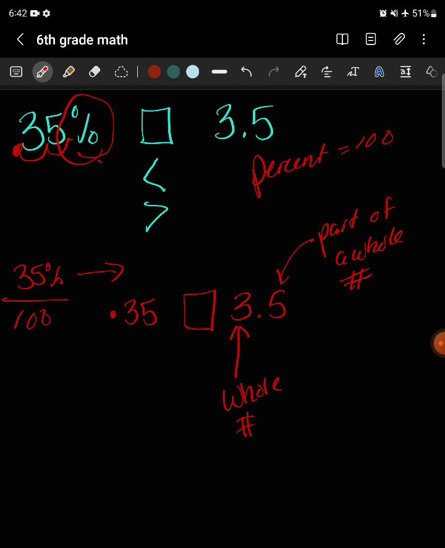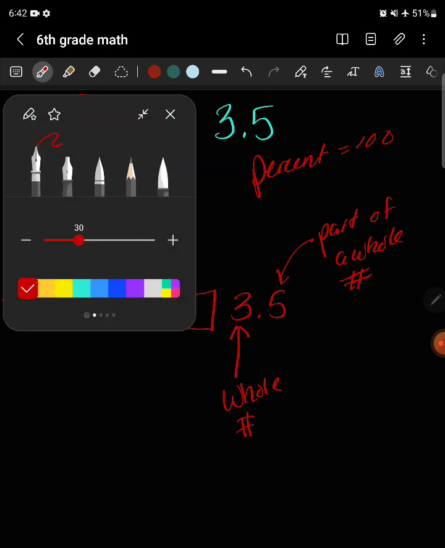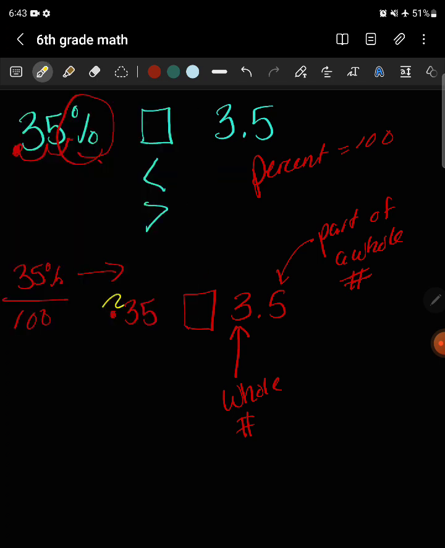Whenever we're talking about the place values, this 3 is in the ones place. Over here, when I look at this, in the ones place, I have 0. All right. So this is my whole number.